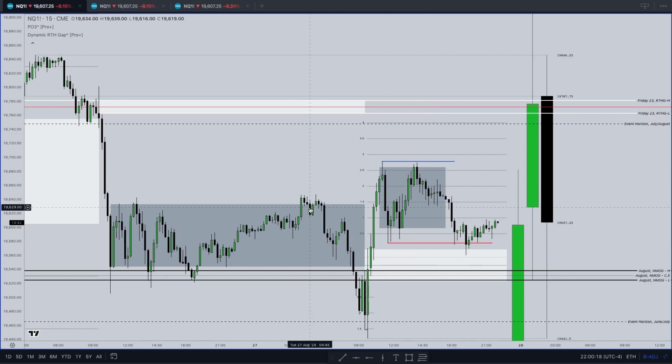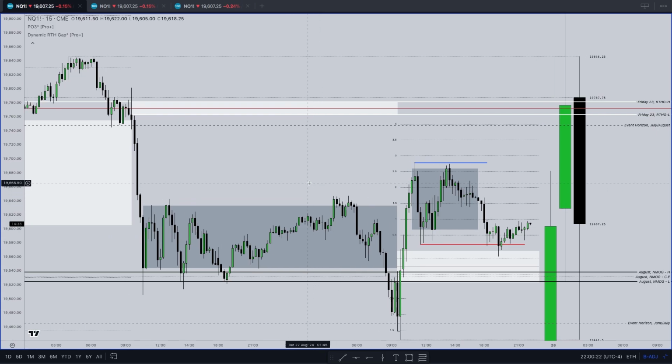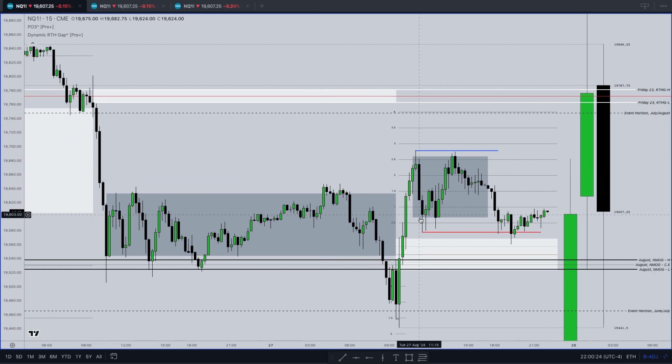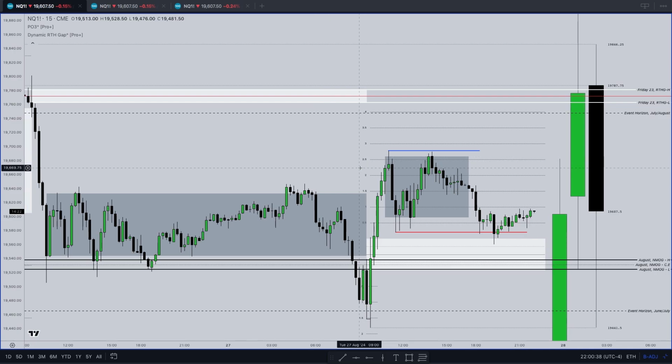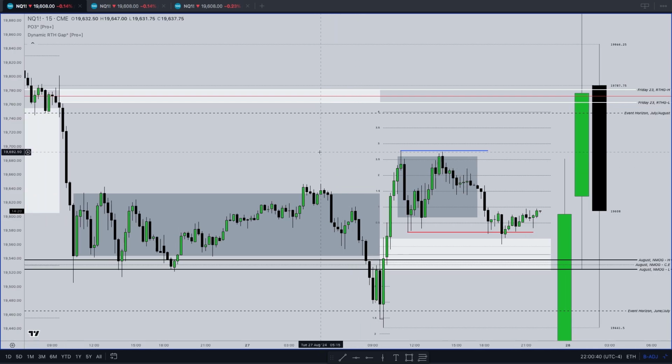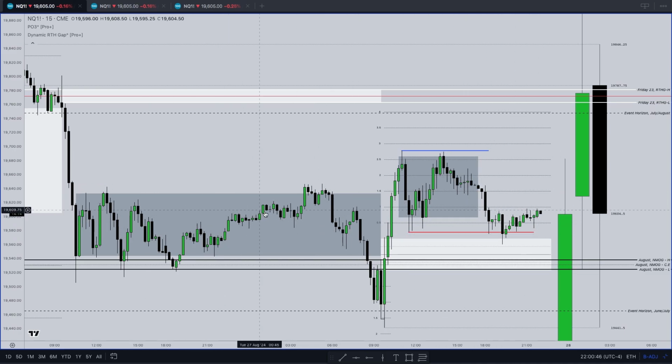This is really important: you want to see regular trading hours levels being traded during regular trading hours time intervals or time windows, whatever you want to call it. I don't care about electronic trading hours.